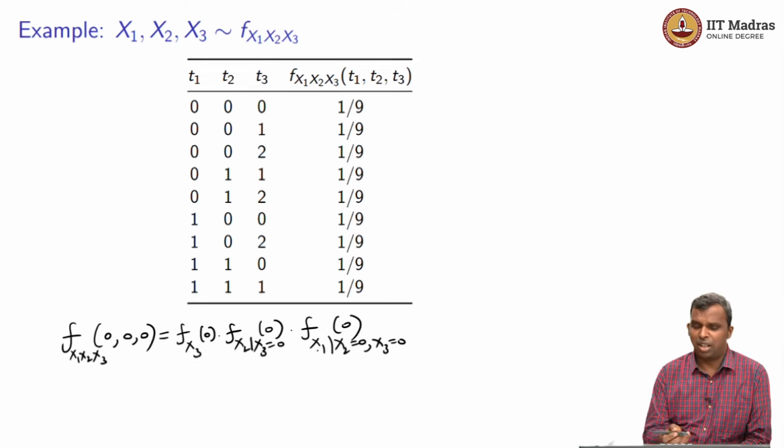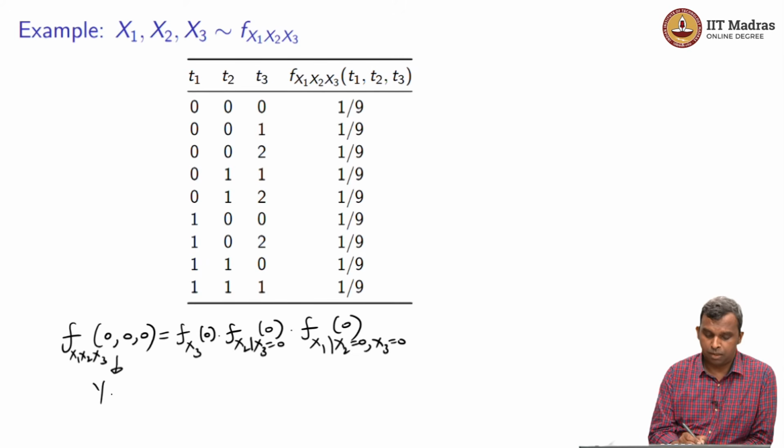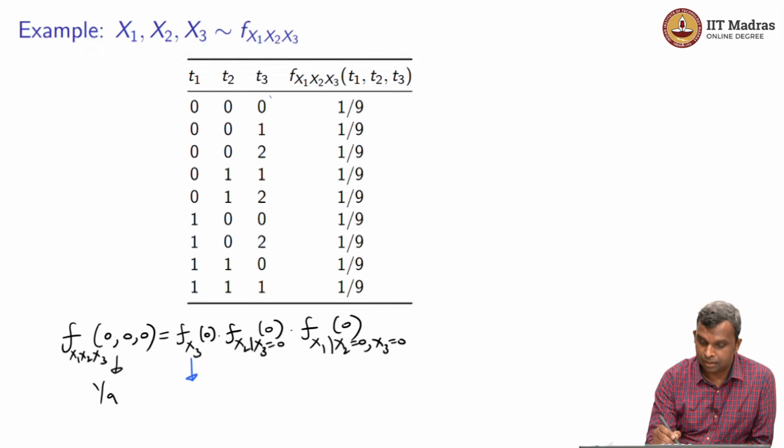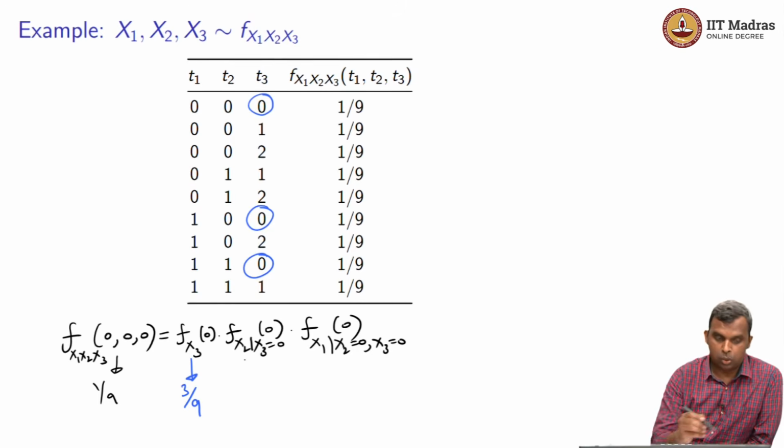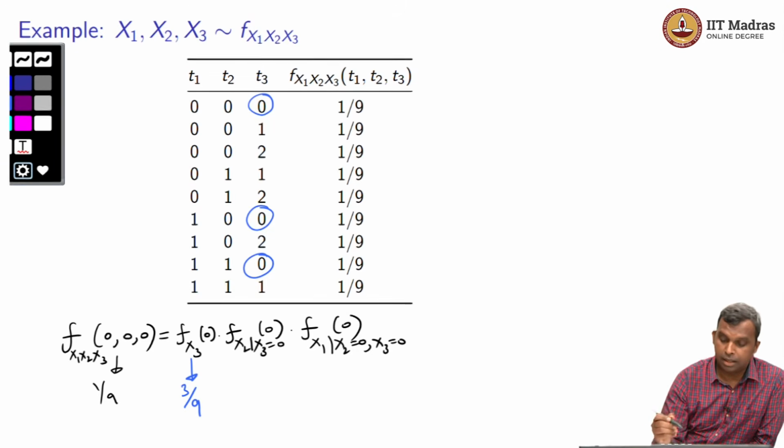Let's verify this. This we know is 1 by 9. What is x3 of 0? Let's look at x3 equals 0, and that is this, this and this. There are 3 possible cases where x3 is 0, so that's 3 by 9. And then I have x2 is 0 given x3 is 0.